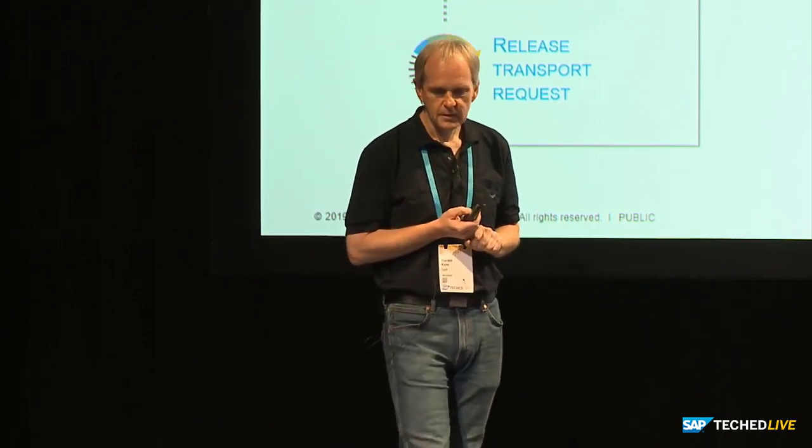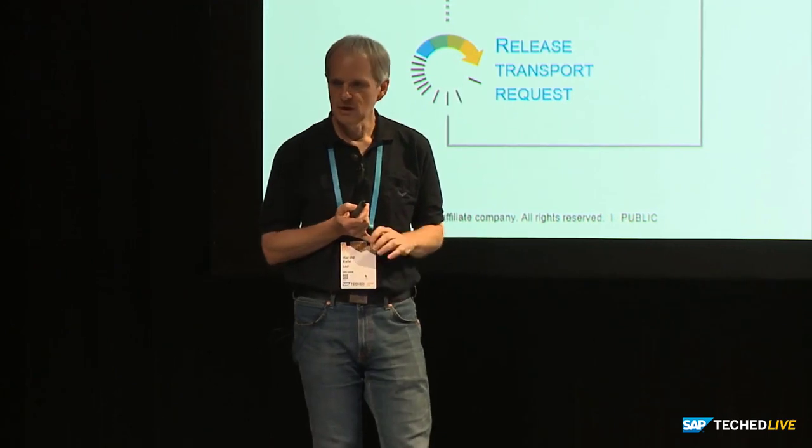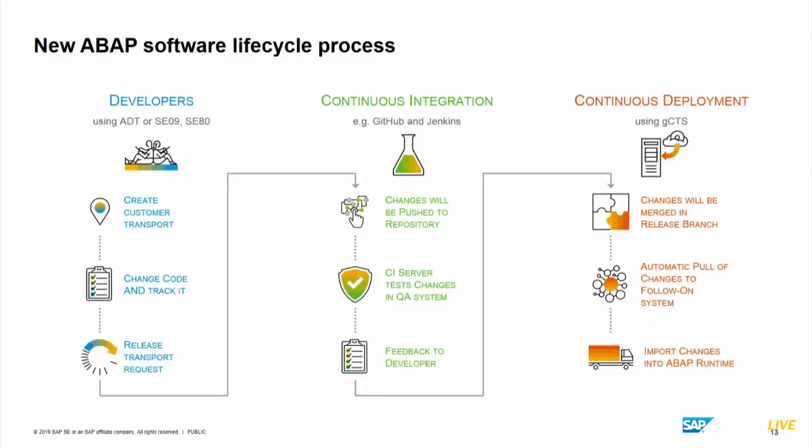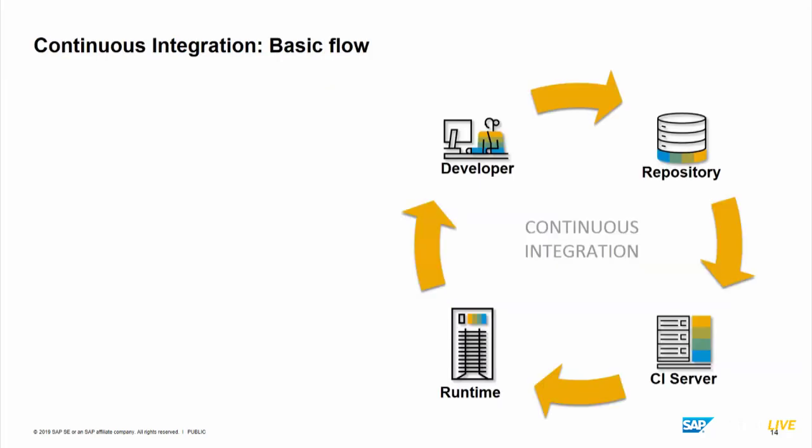If everything is fine, this can then be automatically merged into the main branch, the release branch, and automatically pulled to follow-on systems, like the productive system. And then this is imported into the runtime of the follow-on systems with the transport and becomes active in the follow-on systems.